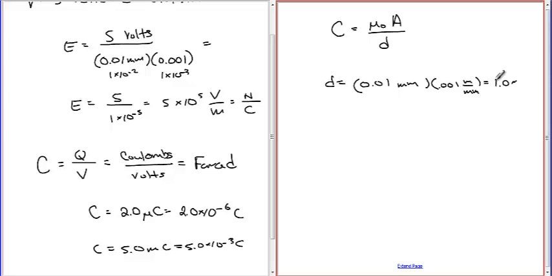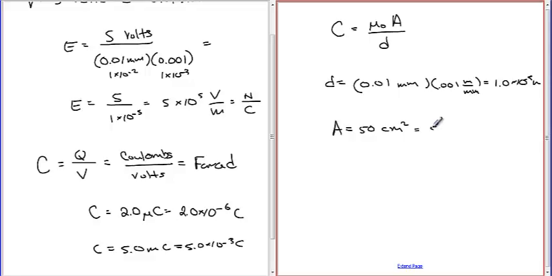So that's 1 times 10 to the minus 5 meters. So that's the distance. And if I were to give you an area, let's say the area is 50 centimeters squared. So we'd have to convert that to meters squared.